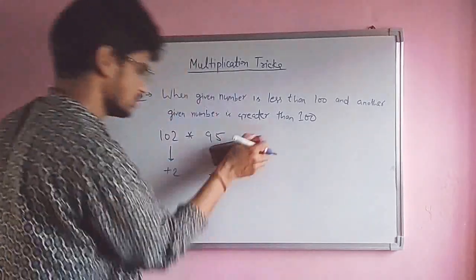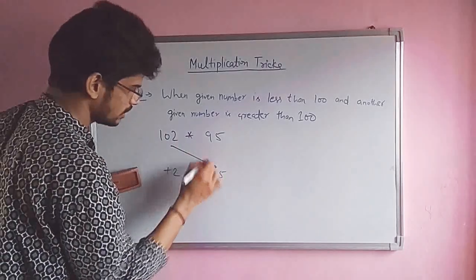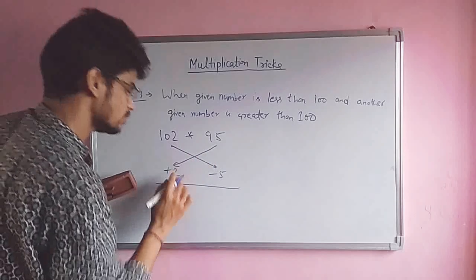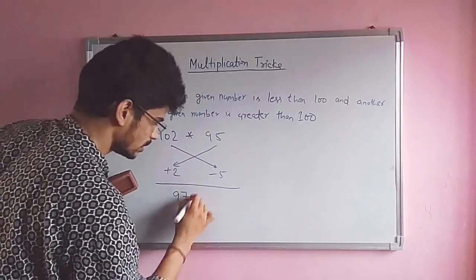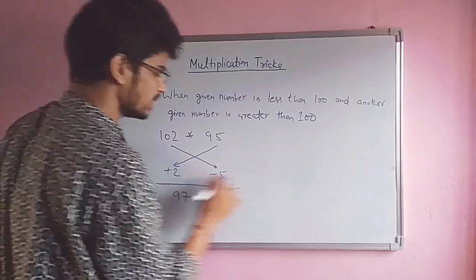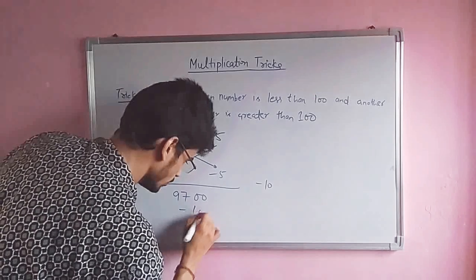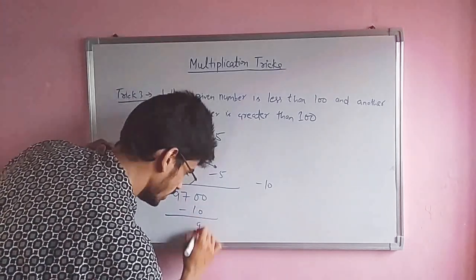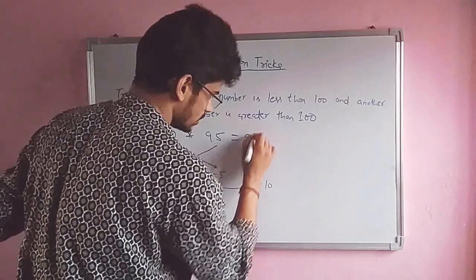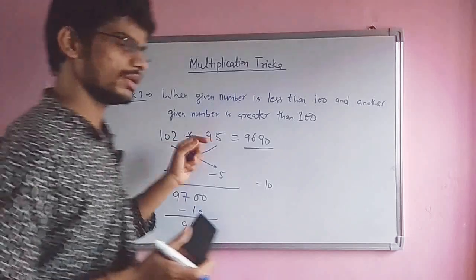Now subtract the value and add the value into the diagonal number. 95 plus 2, that is 97. Note down the 2 zeros because we get the multiplication of plus 2 and minus 5 is minus 10. Now subtract the value. Minus 10 gives 9690. 9690 is the multiplication of 102 multiplied by 95.